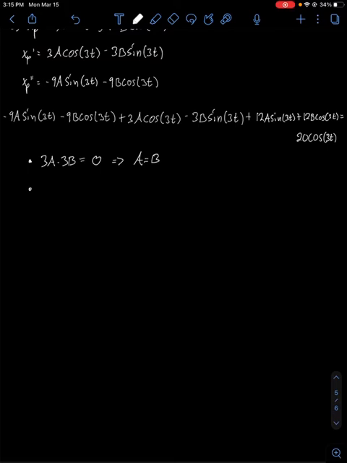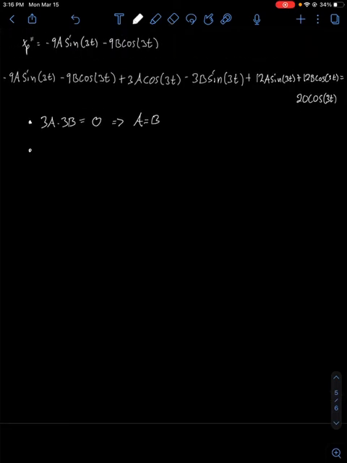The second is going to be all of the cosine of 3t terms set equal to the right-hand side. So we have minus 9b plus 12b, which is 3b, plus 3a equals 20. So we know that a equals b, so if 3a plus 3b equals 20, that means that 6b equals 20, which therefore means that b is equal to 10 over 3, which means that a is also equal to 10 over 3.